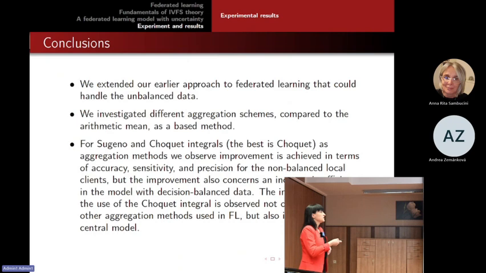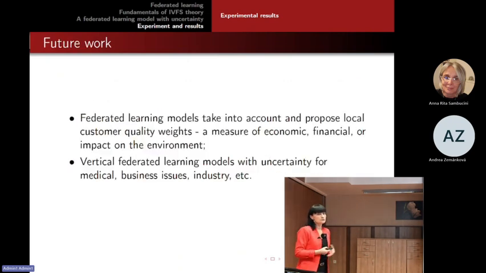So in the future we want to study different areas from real problems to check our methodology. And of course, we also want to study the vertical federated learning model, which is very important in many practical problems.